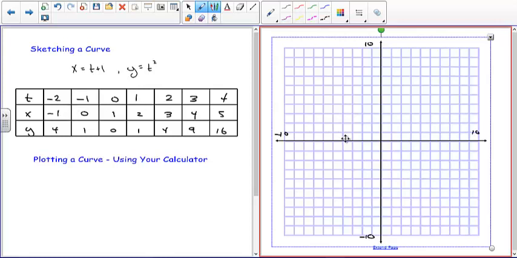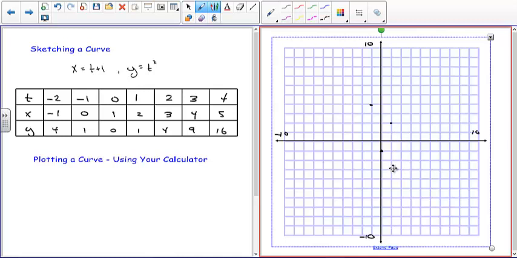So I've got just plotting like we normally do, -1, 4, that's that point. 0, -1, 1, 2, 2.